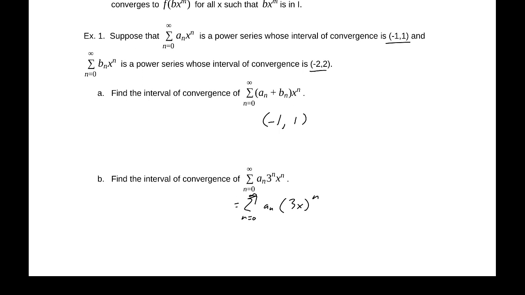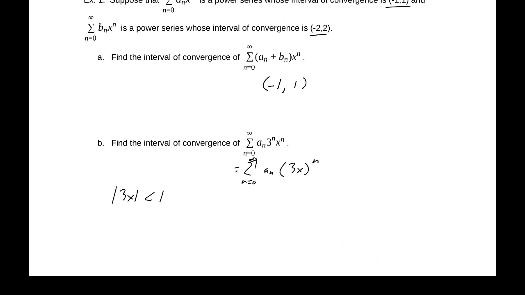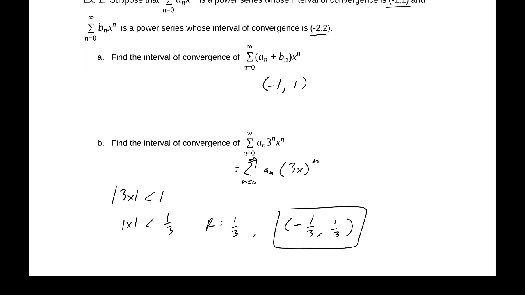So what we need to check is that the absolute value of 3x is less than 1. That occurs when the absolute value of x is less than 1/3. So our radius is 1/3, which means our interval is -1/3 to +1/3. Since that's what we were asked for, that is what we want there.